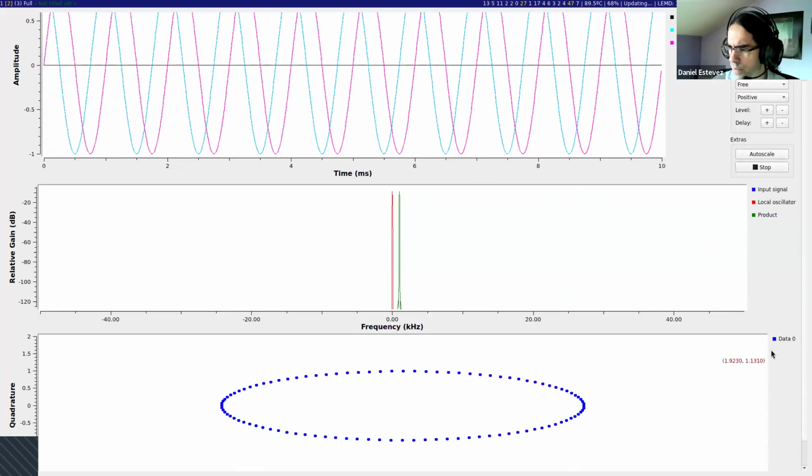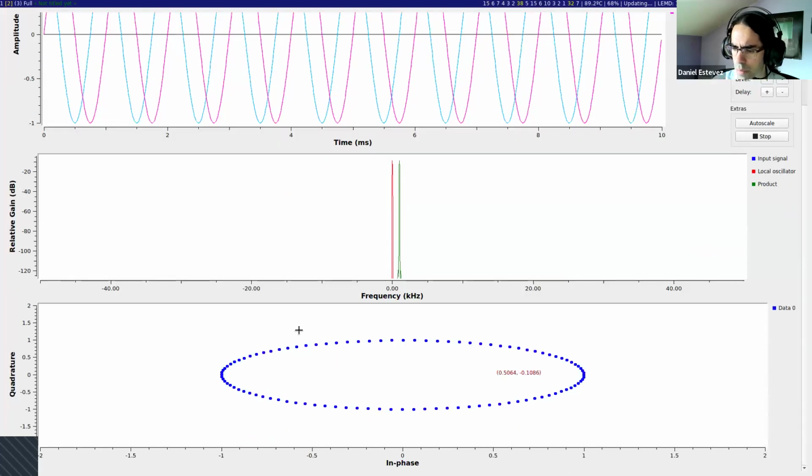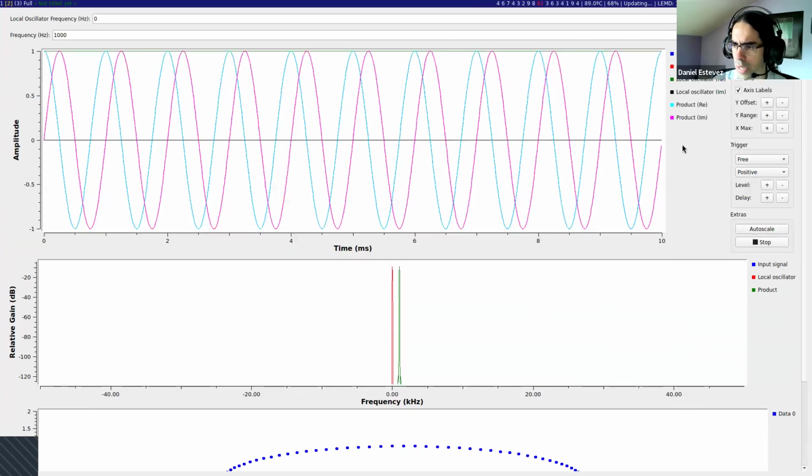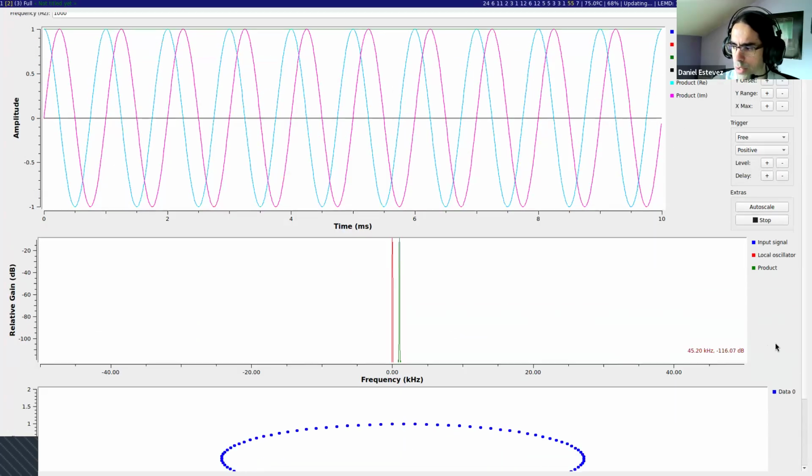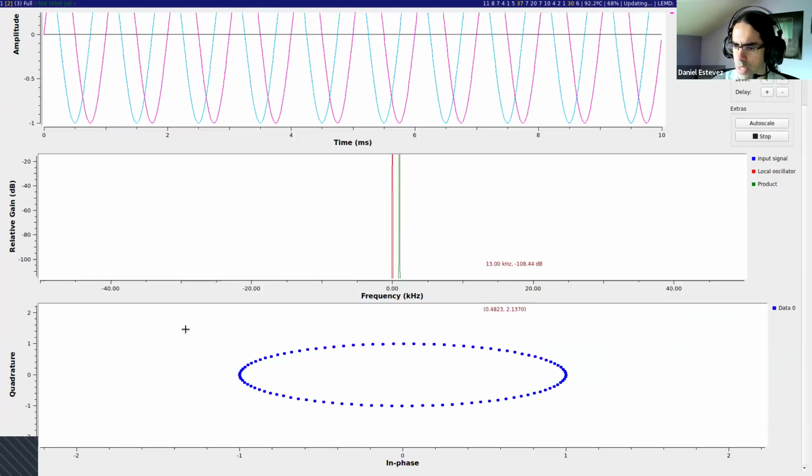Anyhow, since I'm saying that this should be a circle, but it doesn't look like a circle because the shape of this is a rectangle, I also want to show you how to arrange these plots in a nicer way so that this is actually closer to a square, and then we get a real circle in here.